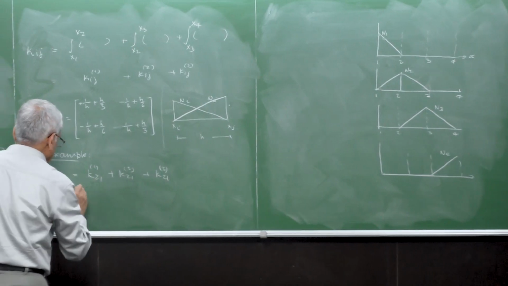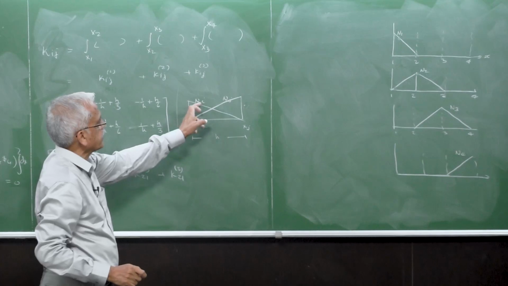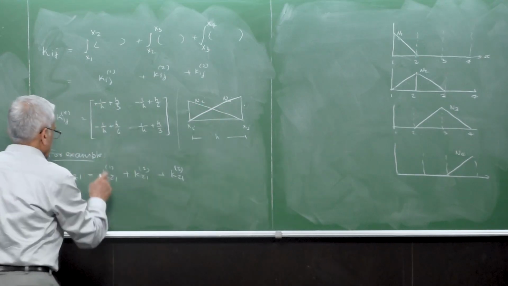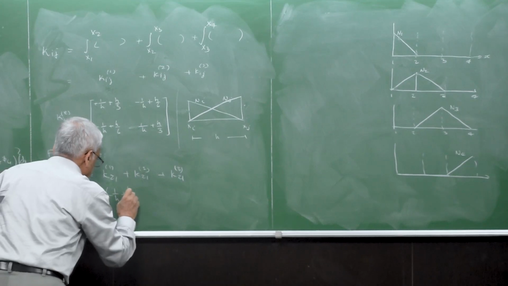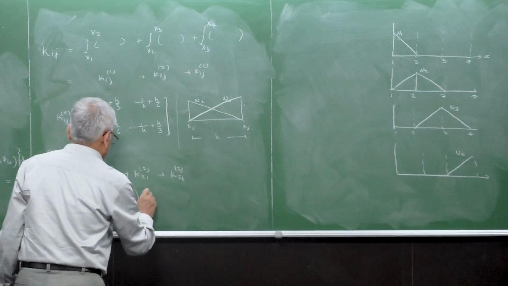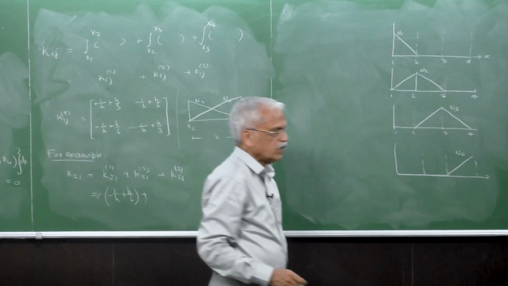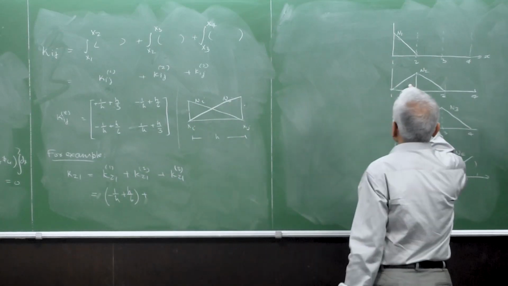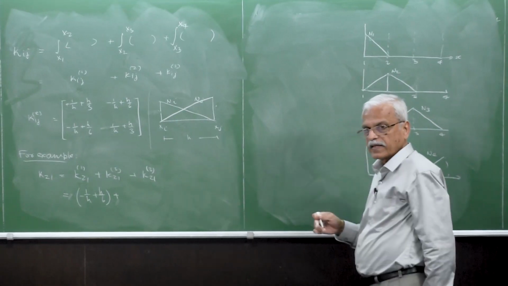So how much is this? If you look at this one, this is coming from Ni and Nj. So if you do that, it's 1 by h plus h by 6, right? So this is okay. Now K21 coming from element 2, which is having the functions N2 and N1.